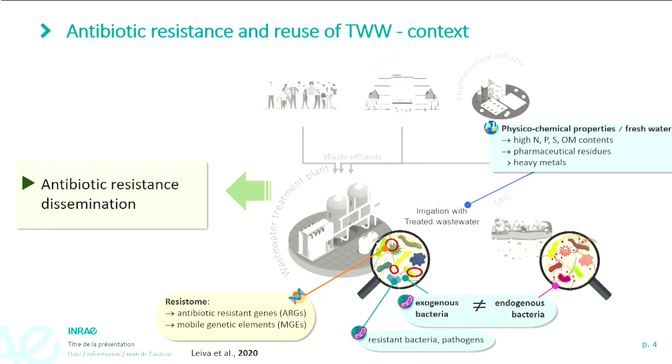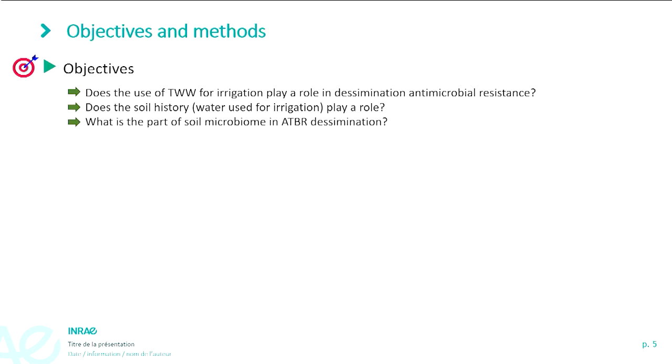It also contains resistant bacteria, pathogens, antibiotic resistant genes, and mobile genetic elements. And all of this could contribute to the dissemination of antibiotic resistance, which is also a main concern of the 21st century. So in this context, we've tried to answer 3 questions.